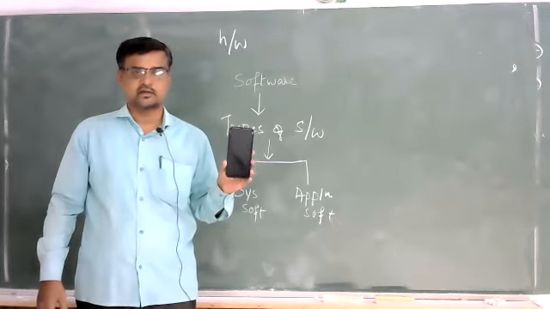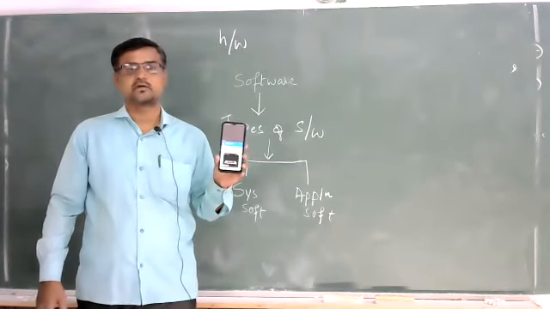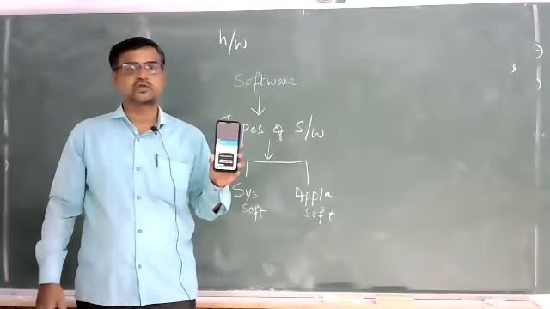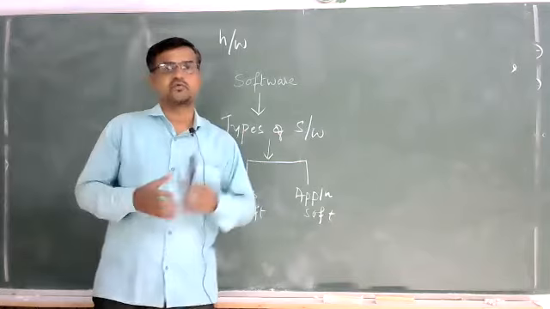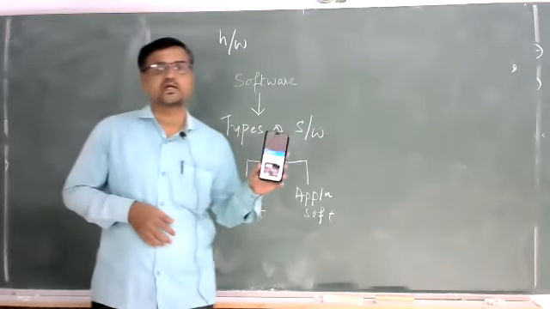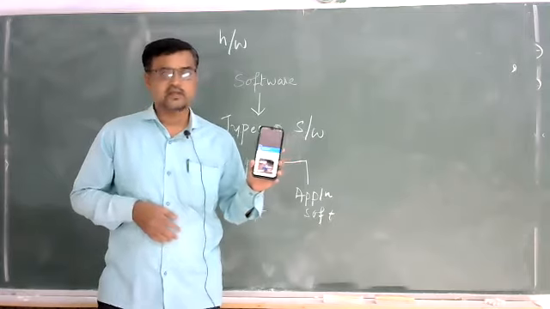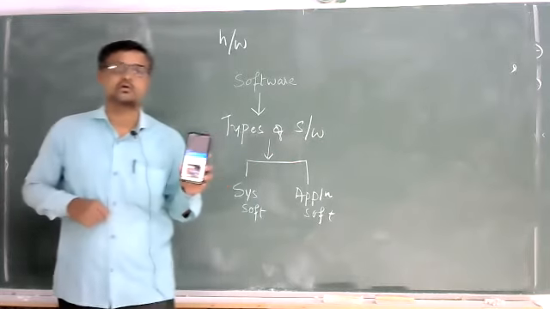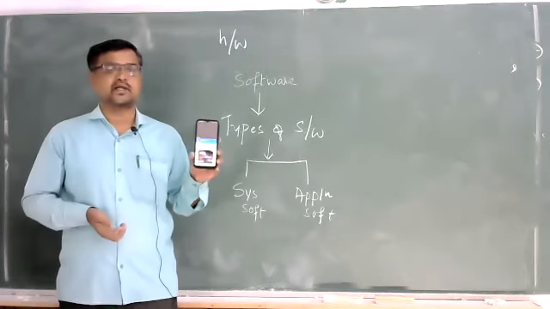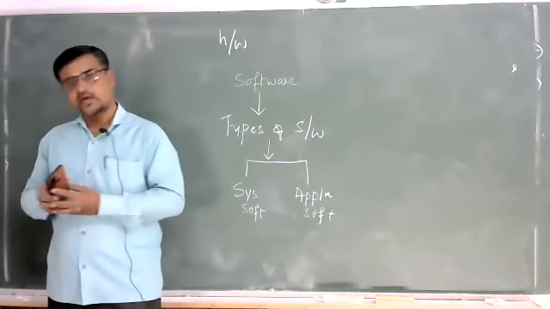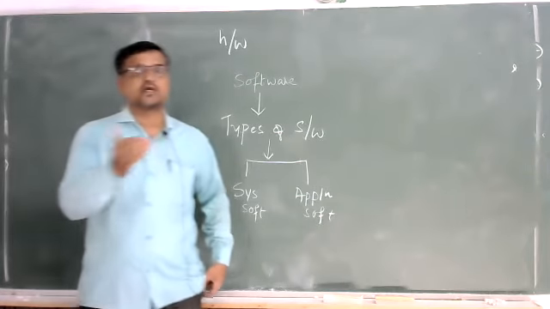You cannot do anything until it shows something on the screen. How does it show? Only when it is loaded with the system software. Now, what system software do we use in a mobile phone? Some people use Android, some people use iOS. Android is the most popular operating system for mobiles, whereas iOS is used only in devices like Apple.